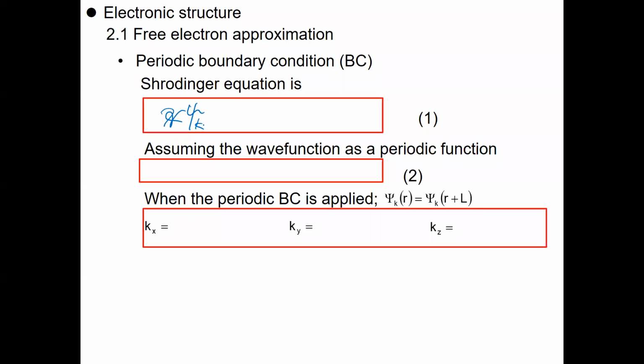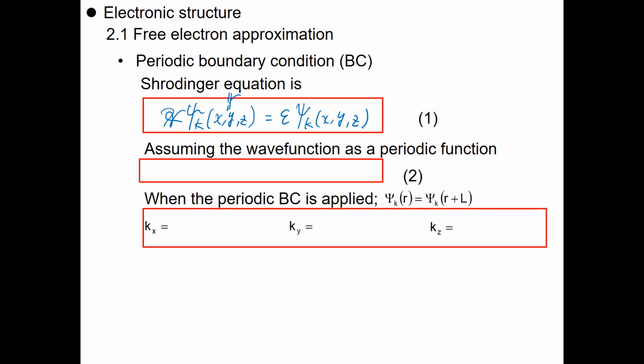We are now thinking about k. For each k vector electron, x, y, z, we can describe it as H psi_k(x, y, z) = epsilon_k psi_k(x, y, z). This is the Schrödinger equation.